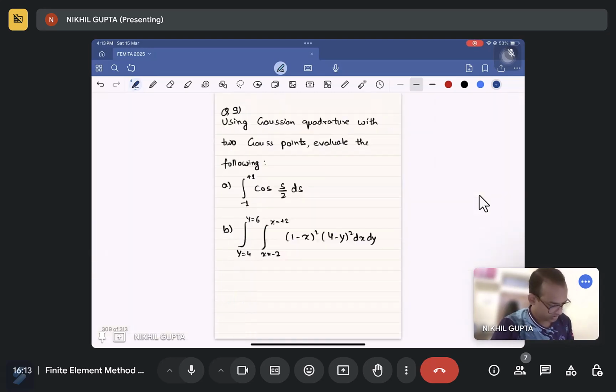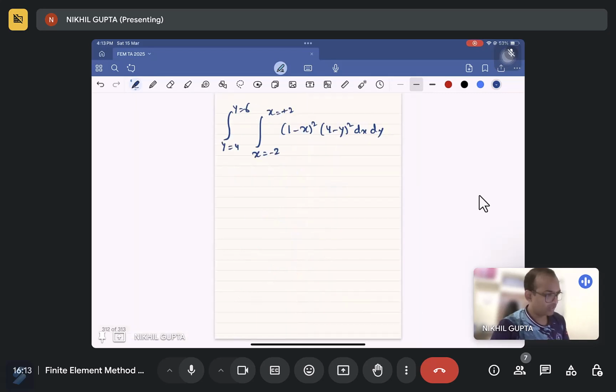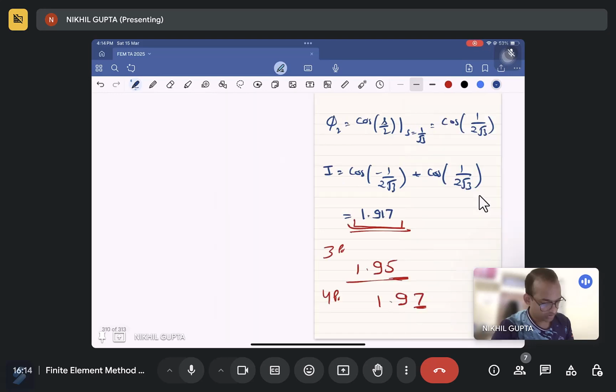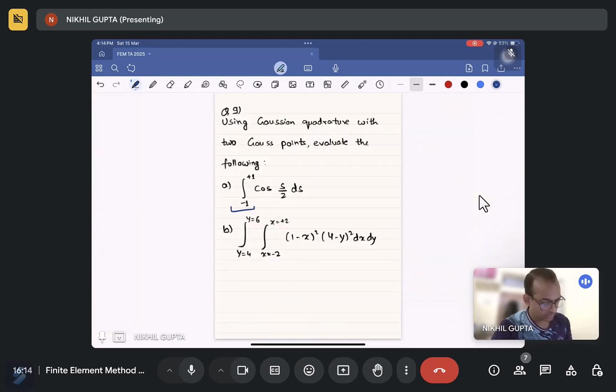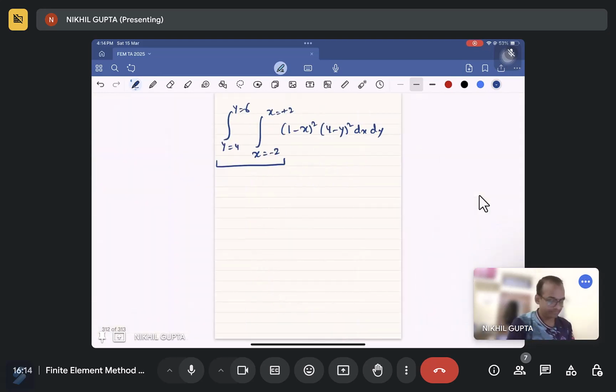Correct? Okay. So now what we have to do, we see the limits are also given. Here the limits are not plus 1 and minus 1. In the last question it was plus 1 and minus 1, so we didn't change it. Now you see the limits are also changed, so we have to change the limits as well. So x in the parametric formulation is this.